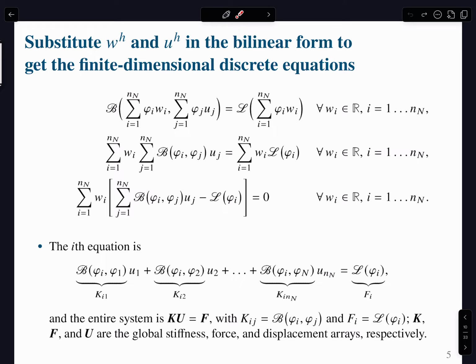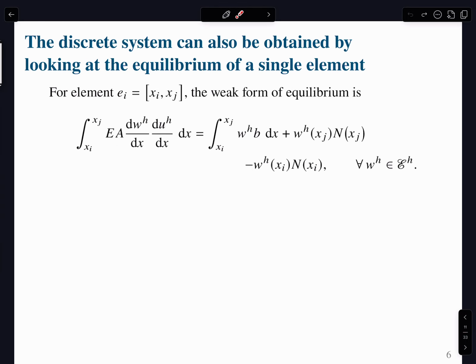So this is basically one way to form my discrete system. It's not the only way. If you recall the nonlinear mechanics class, we also obtain the same thing by just isolating equilibrium of a single element.